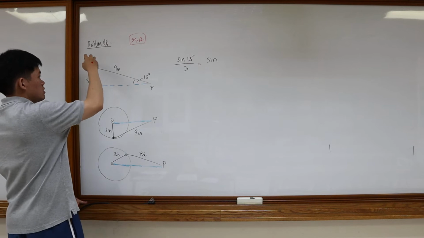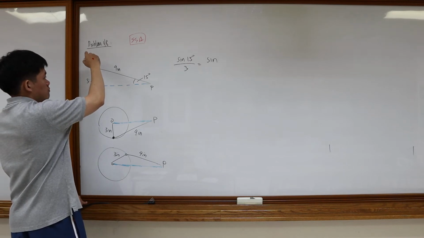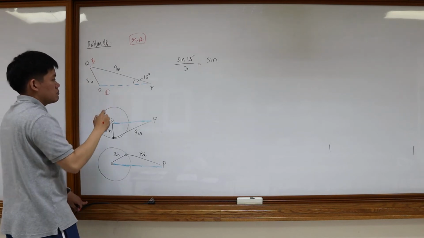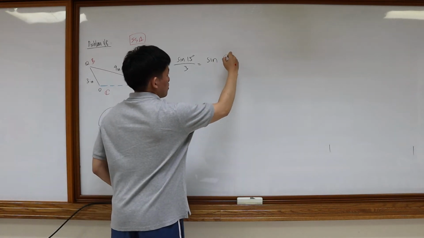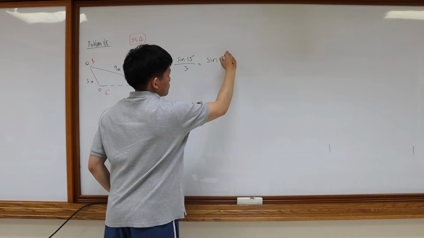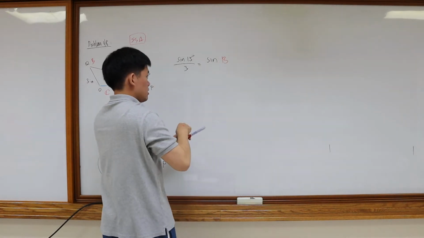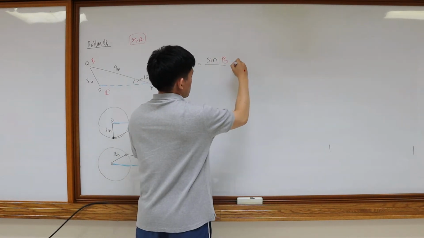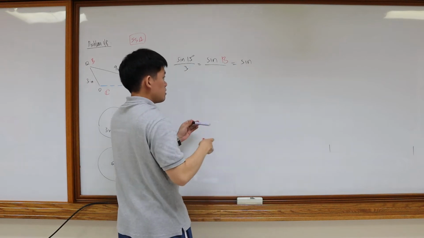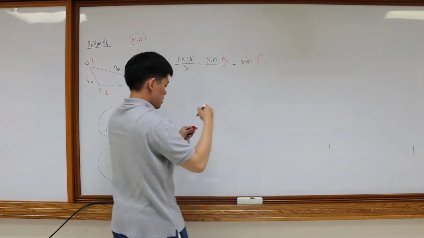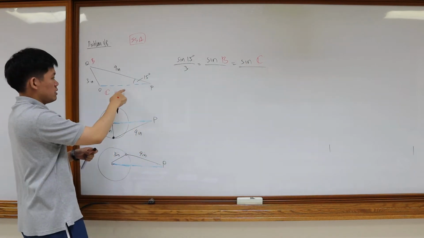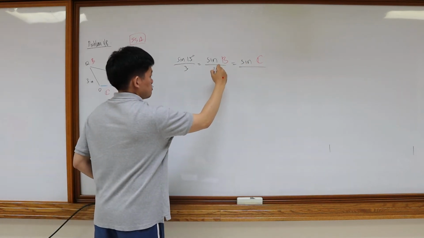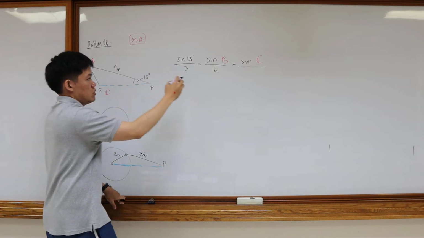So let's go ahead and change this to B and call this one C. Okay, so sine of B, in this case, we don't know, equals sine of C. And then the relationship that we have here is, opposite of B is what we're trying to figure out. So this is B, and then C is equal to 9 inches.